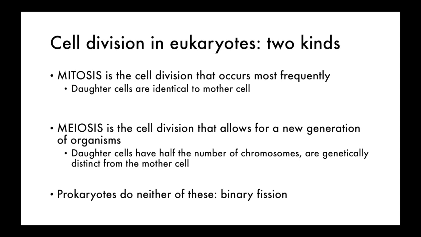They copy their DNA, and then each daughter cell gets one copy of that DNA. It's a lot more straightforward because prokaryotic cells are a lot simpler. They don't have the same issues with having the proper membrane-bound organelles in each daughter cell.